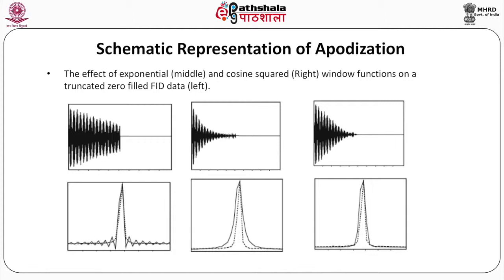Then when you apply an exponential window function, the FID is more smoothly brought to 0, but as you can see, the line width increases. And when a cosine function is applied, you get the most optimum results, as shown on the right side: the FID multiplied or convoluted with a cosine window, and the result of Fourier transforming, which is shown below that.